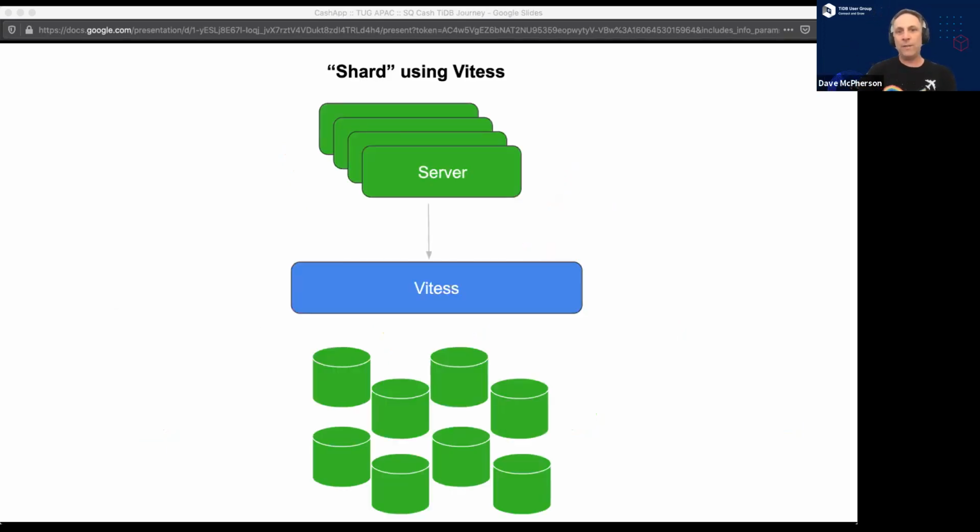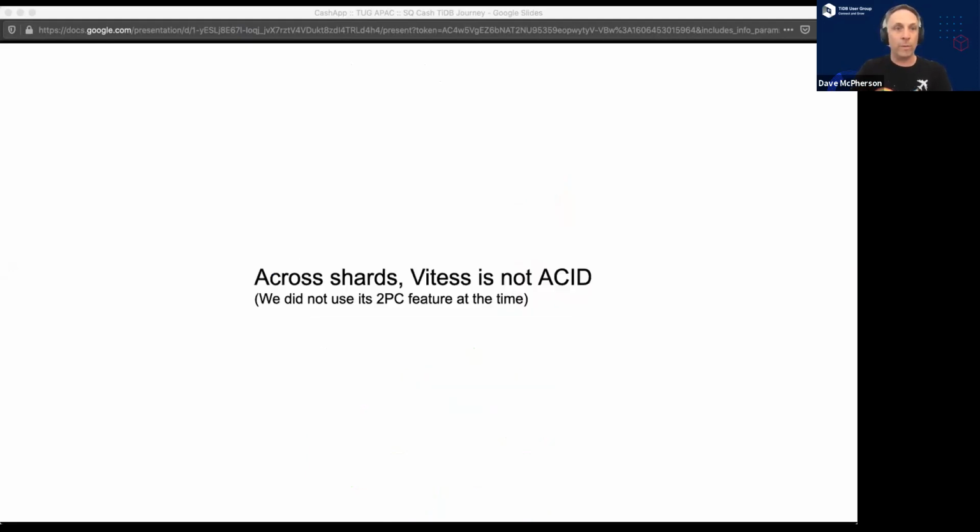Vitess effectively wraps over the top of MySQL and allows you to create shards, which is great, really, really good, and certainly solved a lot of the problems that we had, particularly within our on-prem data centers as well, where we were able to actually install Vitess onto the actual instances that were running the MySQL daemons and work it from there.